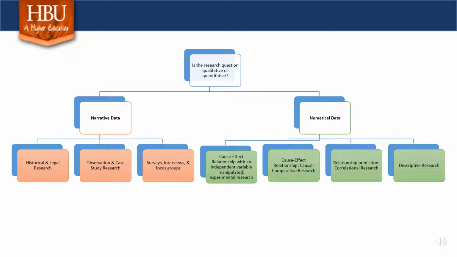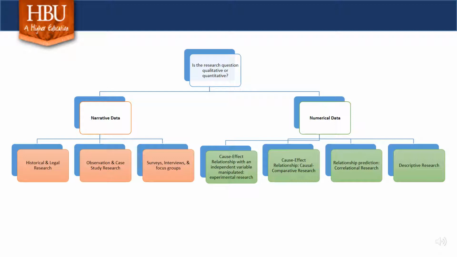If we think about qualitative, we need to think about it on that left-hand side, those items in orange. It's narrative data. We can do it through historical and legal research, observation and case study research, and we can also use surveys, interviews, and focus groups. We'll be talking about those specific ways to conduct research later in our term.